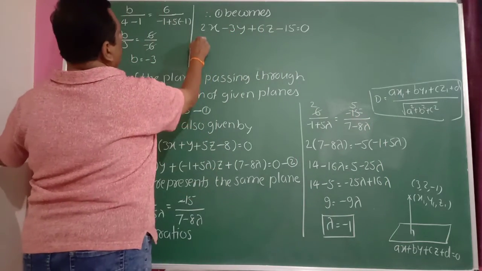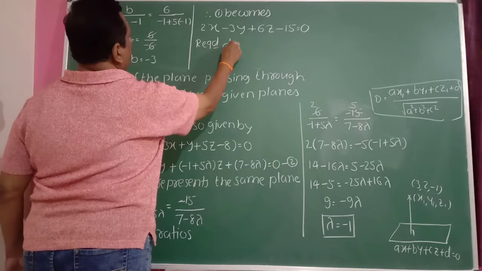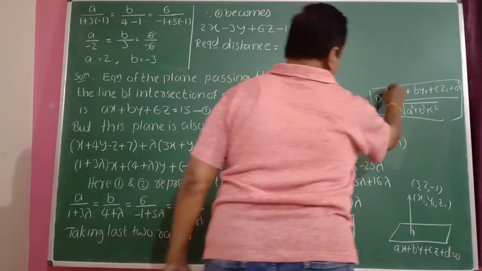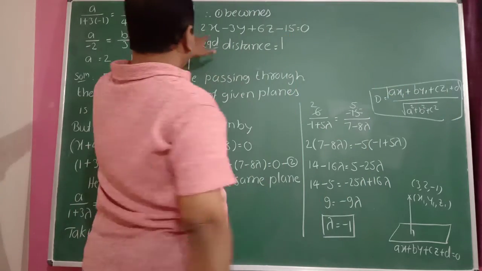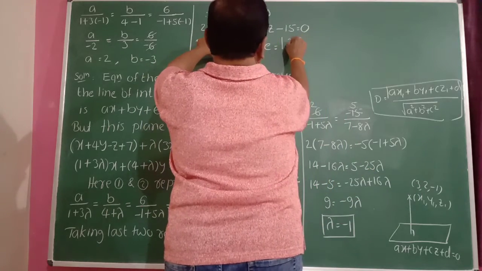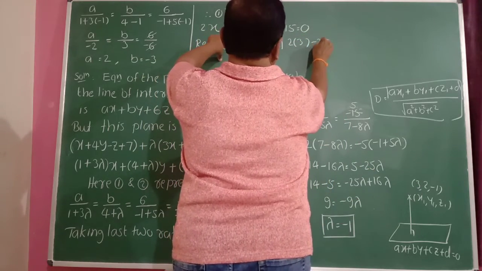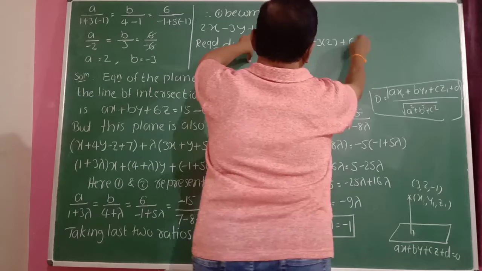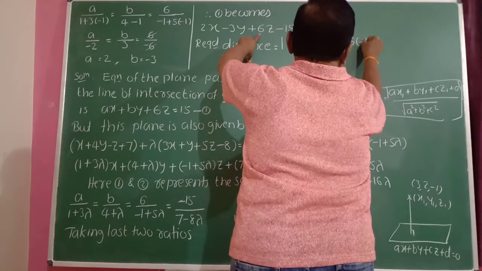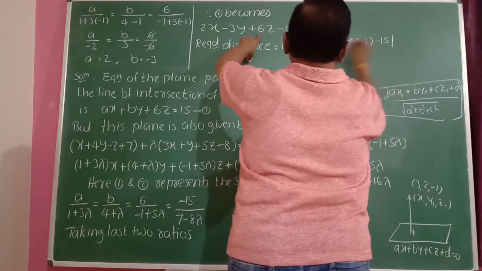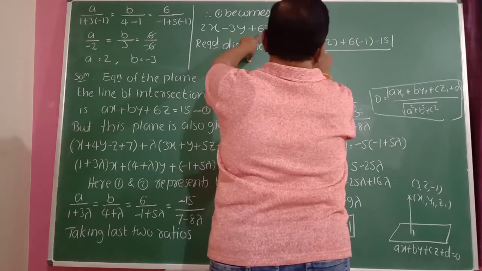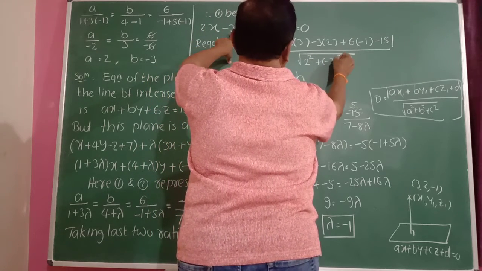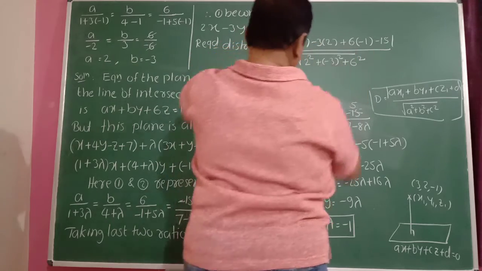Therefore, required distance is equal to modulus of, replace x by 3, so 2 into 3, minus 3 into, replace y by 2, so 2, then plus 6 into, replace z by minus 1, minus 1, minus 15, divided by root of 2 square plus minus 3 square plus 6 square.